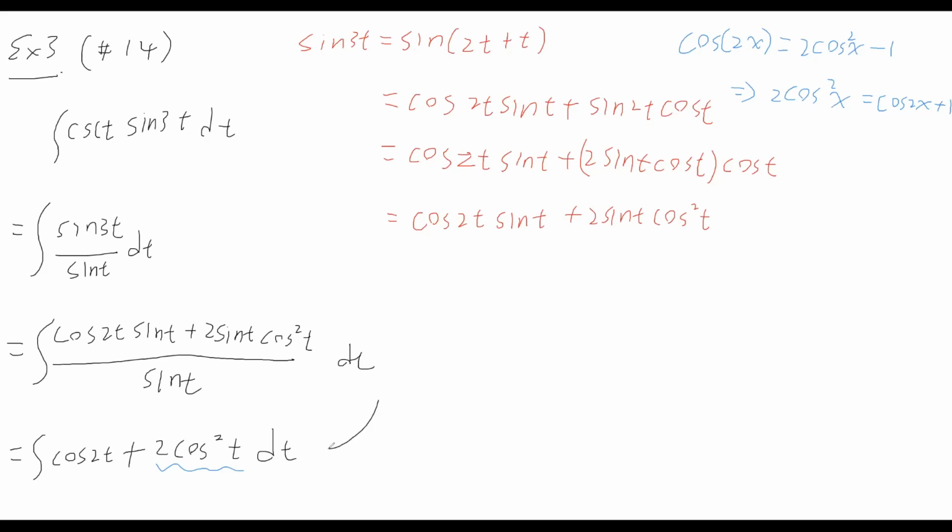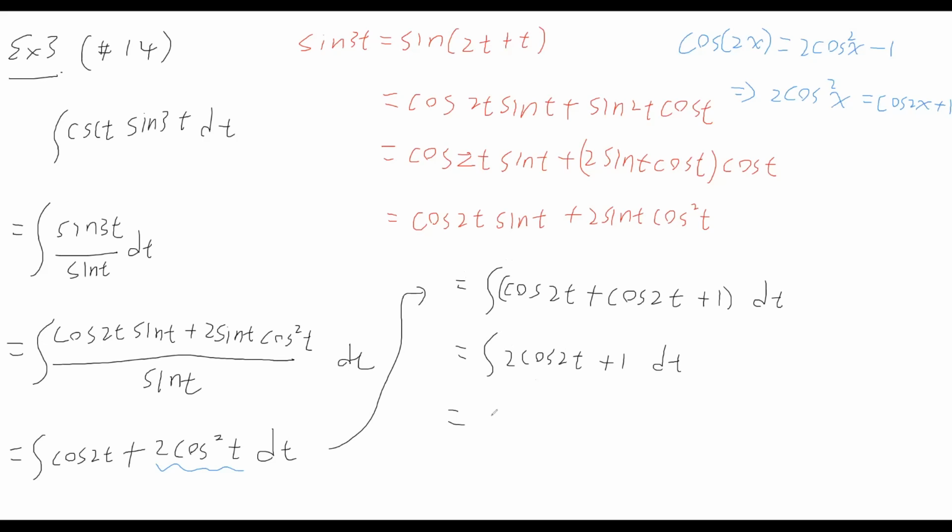All right, let's go ahead and do that. So that gives us cosine 2t plus cosine 2t plus 1 dt. Right, and that's just 2 cosine 2t plus 1 dt, right? And it's easy to integrate that, right? The integral of cosine is sine, right?